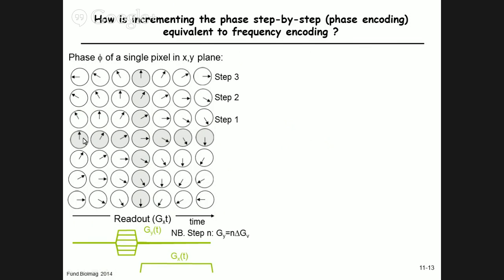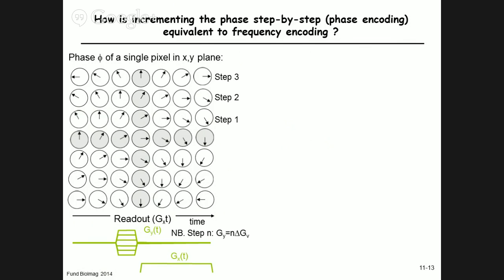And now what I want to focus you on is that the computer in the end records this data. It doesn't know which axis was the frequency encode and which axis was the phase encode. It just has a 7x7 matrix here. In each element of the matrix is a complex number.